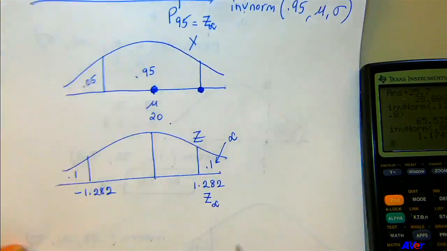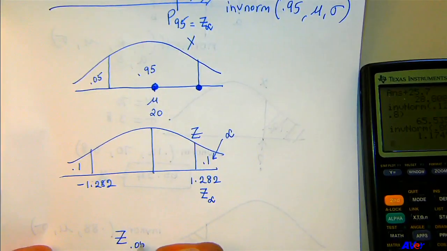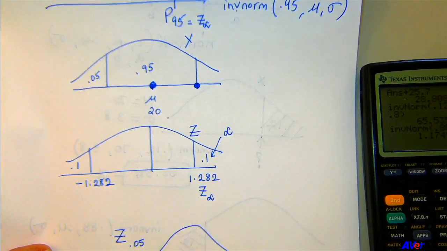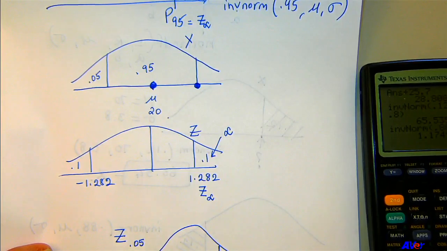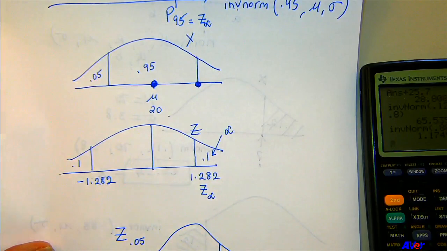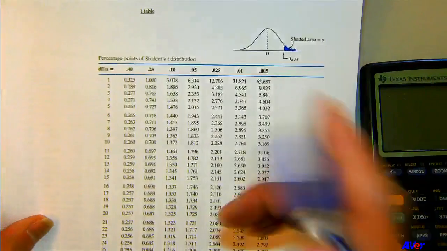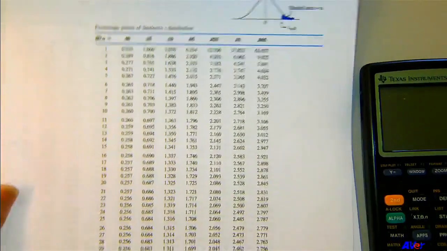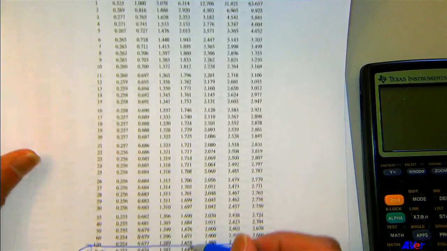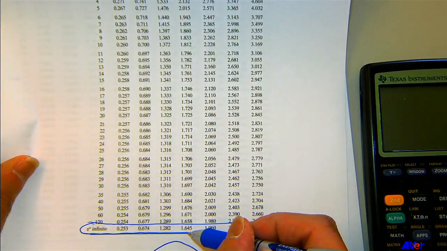So let's just practice a couple. What is z.05? That means 0.05 is in the right tail. It's always in the right tail, the upper tail. So this number is z.05. Simply go to your T table and look up 0.05. I'm going to the T table because that deals with area in the right tail. All the way down in the 0.05 column, I see 1.645.